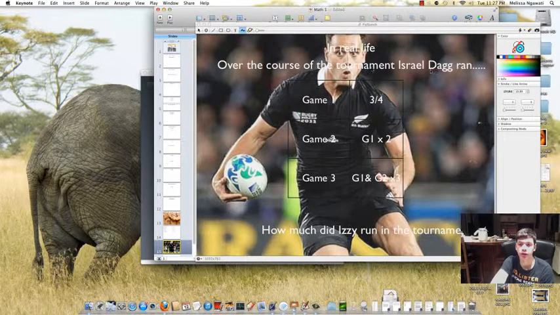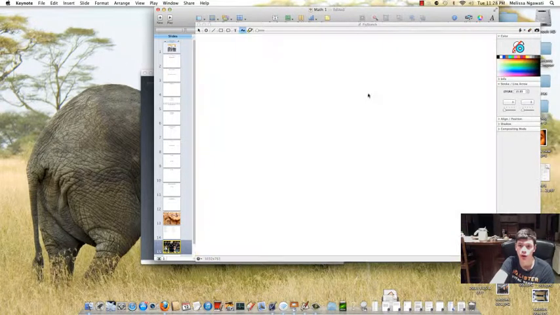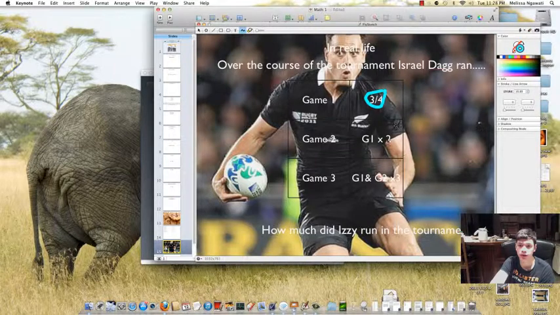Over the course of the tournament, Israel Dag ran, in Game 1, 3/4 of the field. In Game 2, he ran Game 1 times 2, so 3/4 times 2.